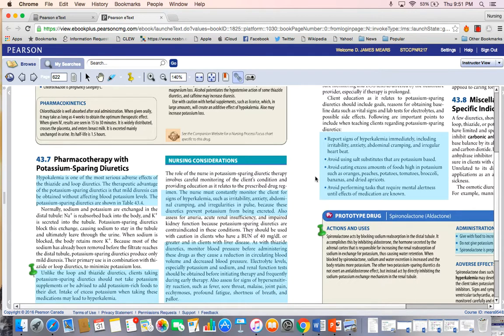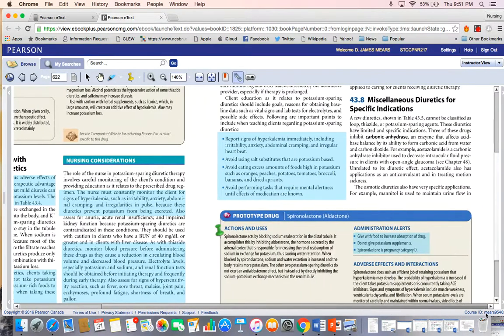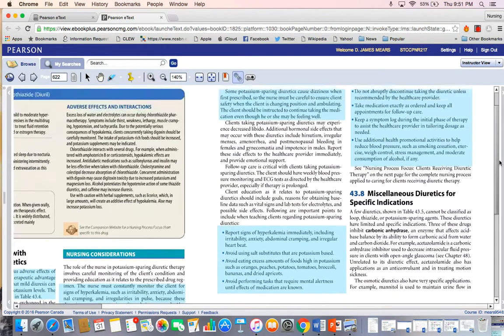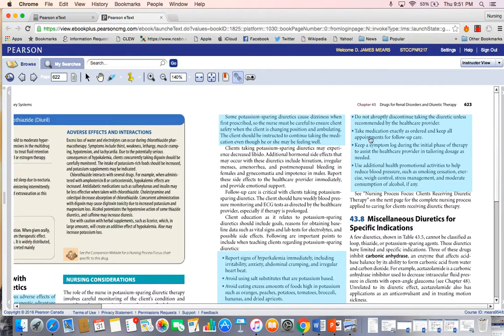But here's where we as nurses have a vital role: to assess how they were managing their blood pressure before, and if it was using salt substitute, to counsel them that this medication and salt substitutes do not go together.